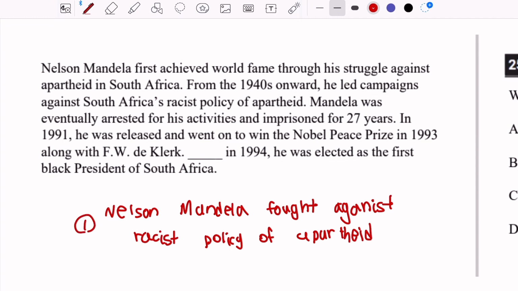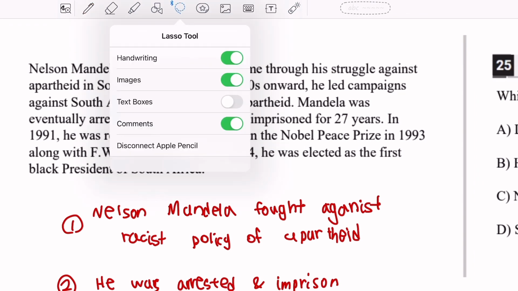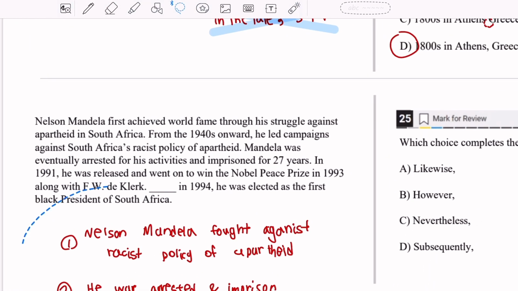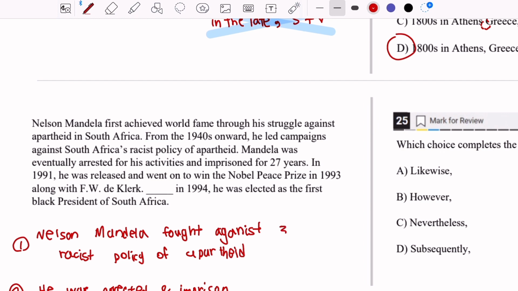So first, and then second, he was arrested and imprisoned, but later he was released, Nobel Peace Prize.